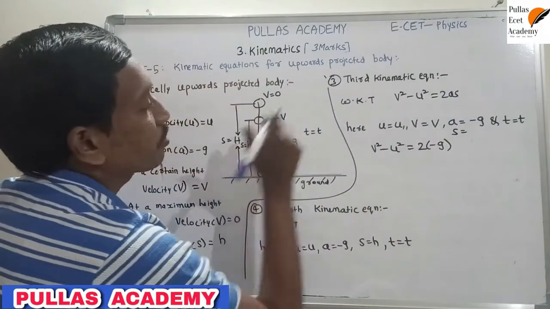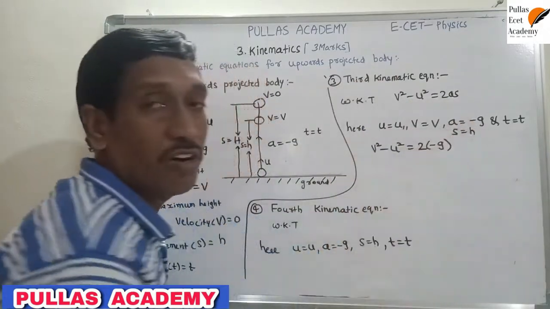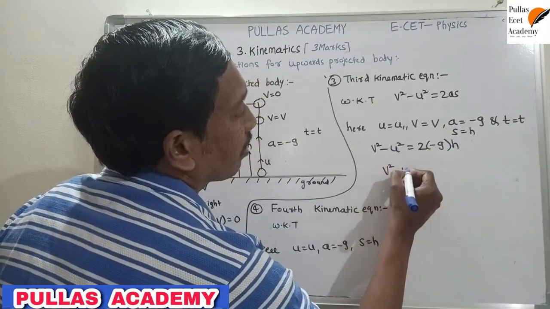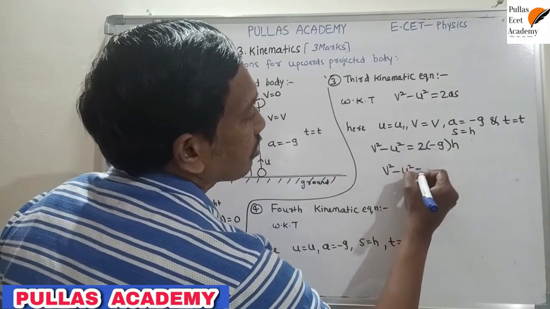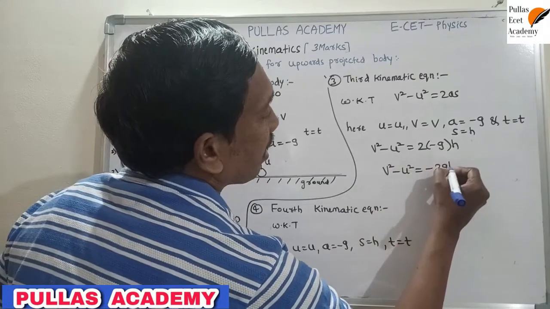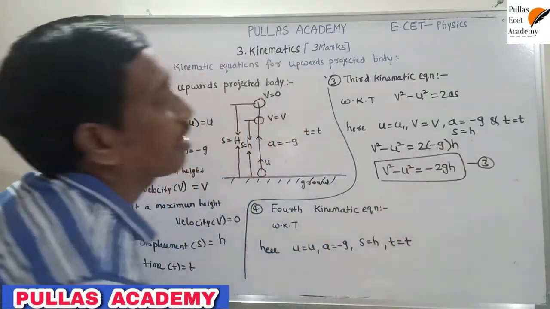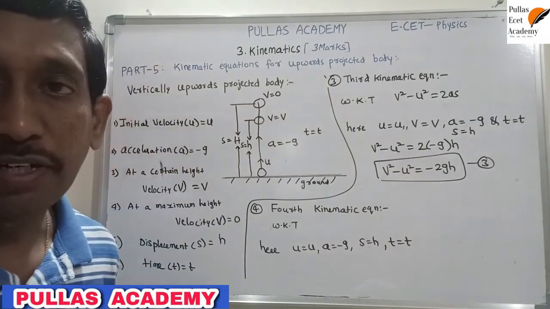Suppose it reaches a height h, then substitute h. That means v square minus u square is equal to minus 2gh. This equation is the third kinematic equation for an upwards projected body.